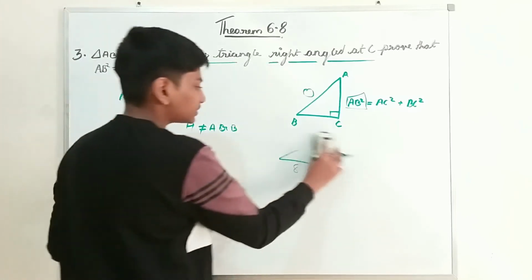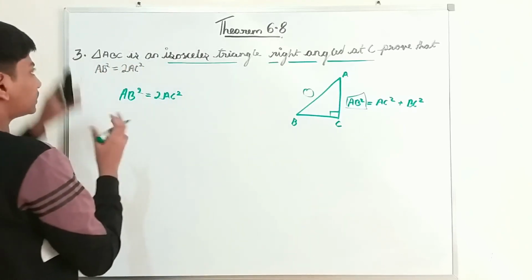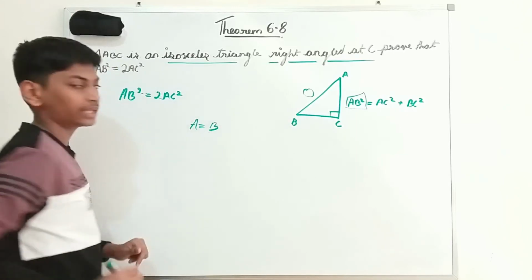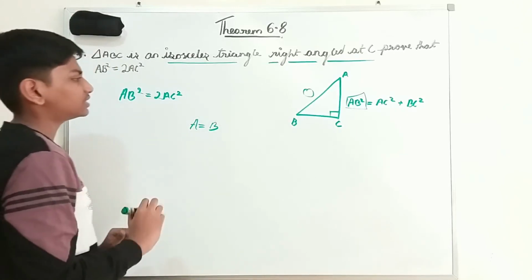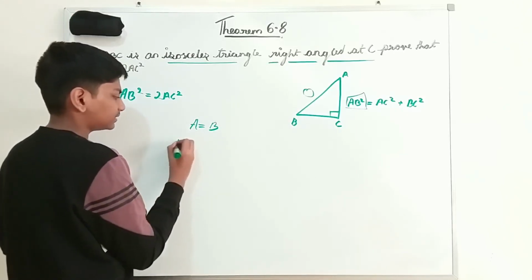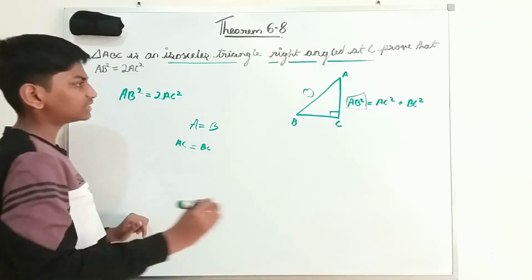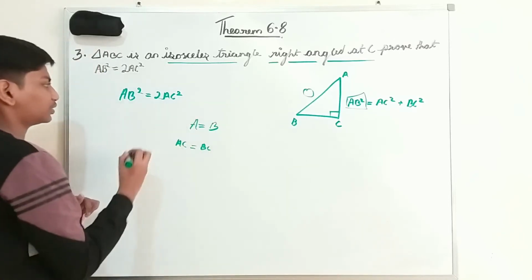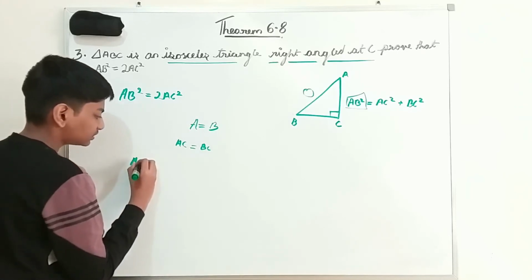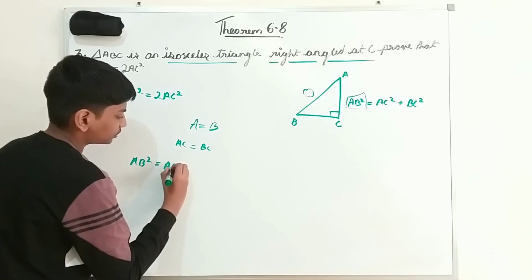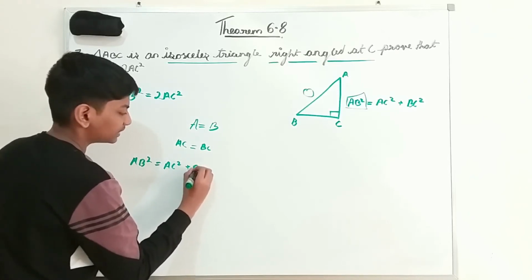So what should I consider? I should think that the adjacent will be equal to the base. So what is the adjacent over here? It is nothing but AC. AC is equal to BC. So we'll write the Pythagoras theorem, which we wrote earlier. The Pythagoras theorem says that AB square is equal to AC square plus BC square.